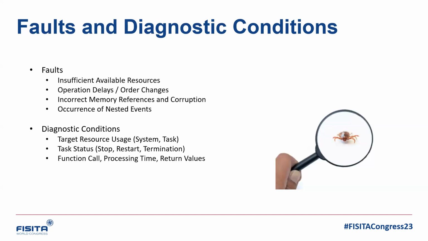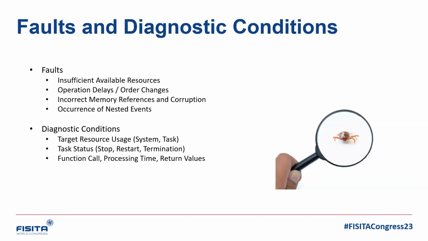Second, operation delays and order changes. If specific tasks experience significant delays or forced changes in their execution order, it can lead to unintended behaviors or even cause severe damage to the system.